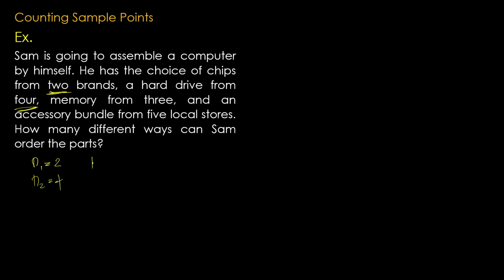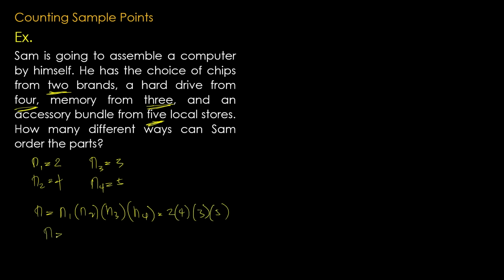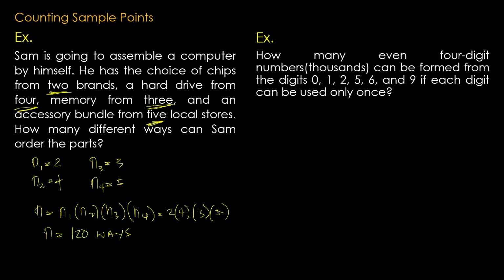And for n3, that would be for your memory. Since there are 3 choices, we use 3. And for accessories, say that is n4, from 5 local stores. In how many different ways can Sam order the parts? So, your n is equal to n1 times n2 times n3 times n4. That is 2 times 4 times 3 times 5. What is the total number of sample points? There are 120 ways.